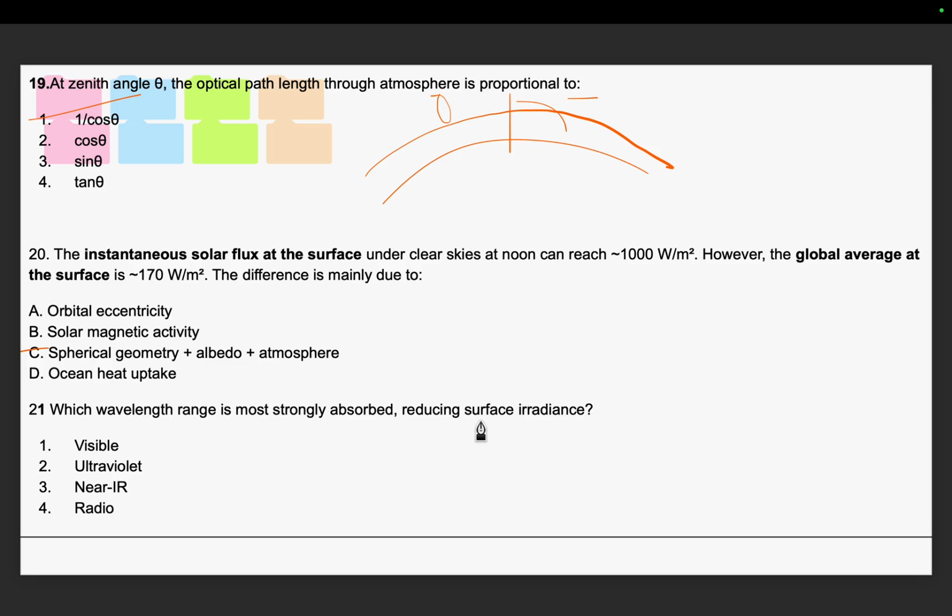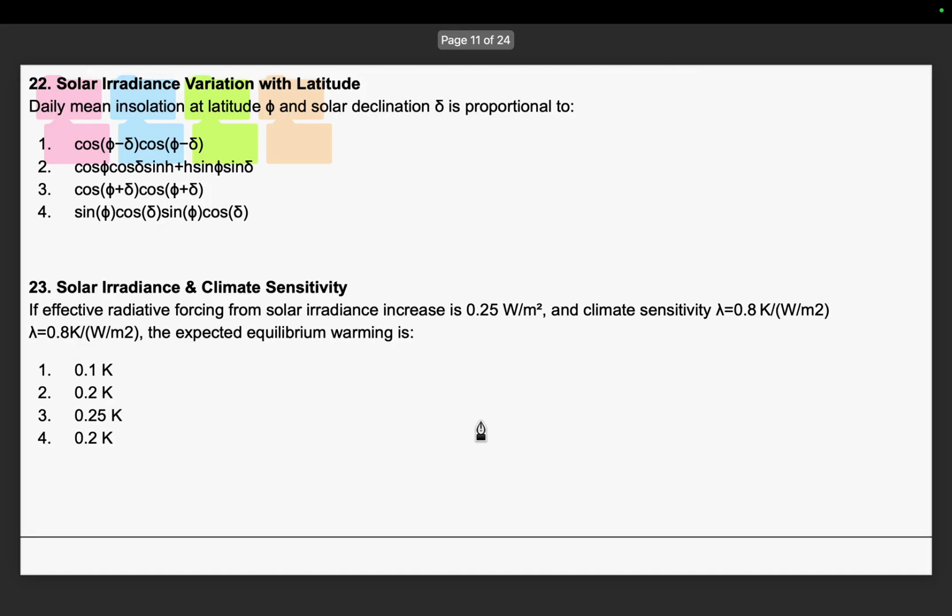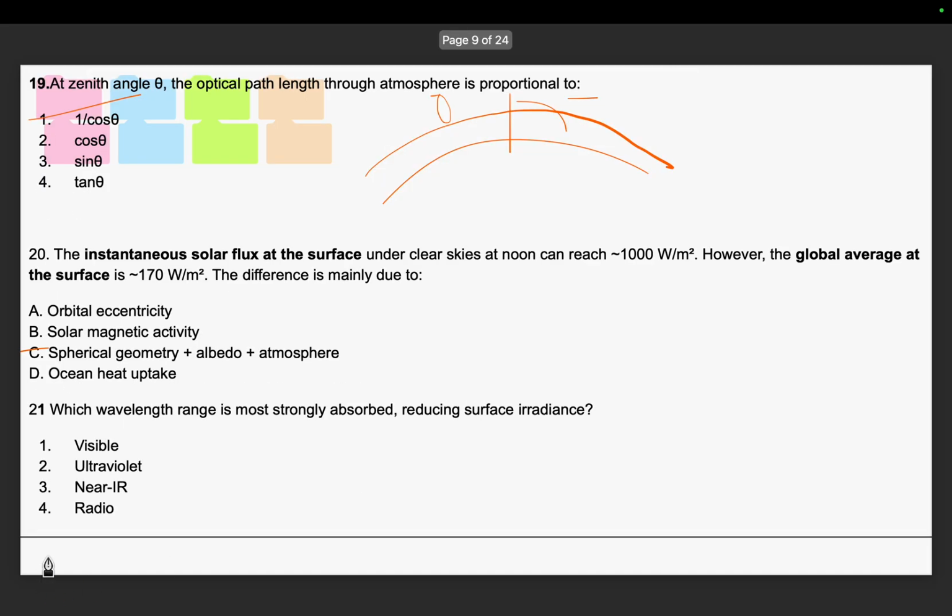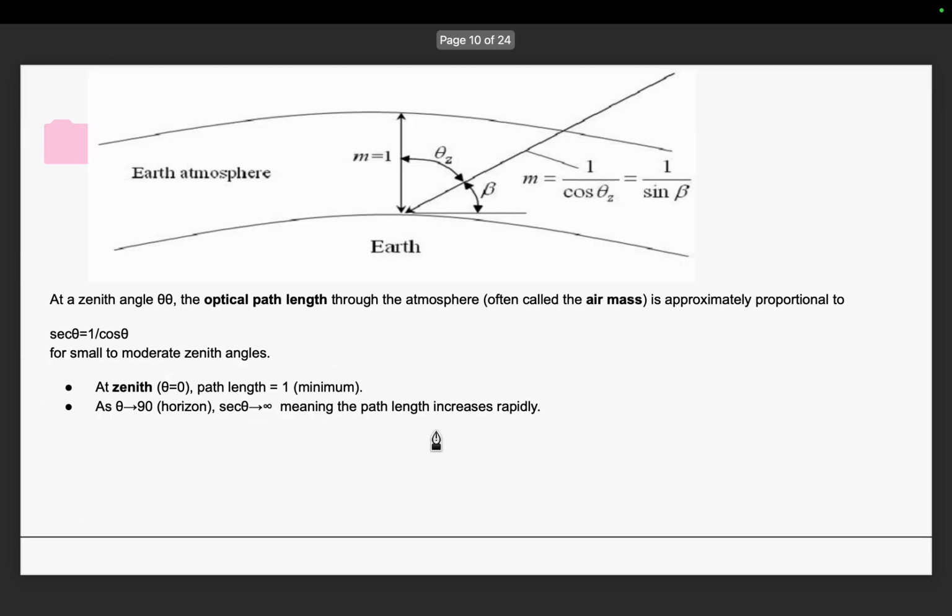Question 21, option C is correct. The near infrared is more strongly absorbed.